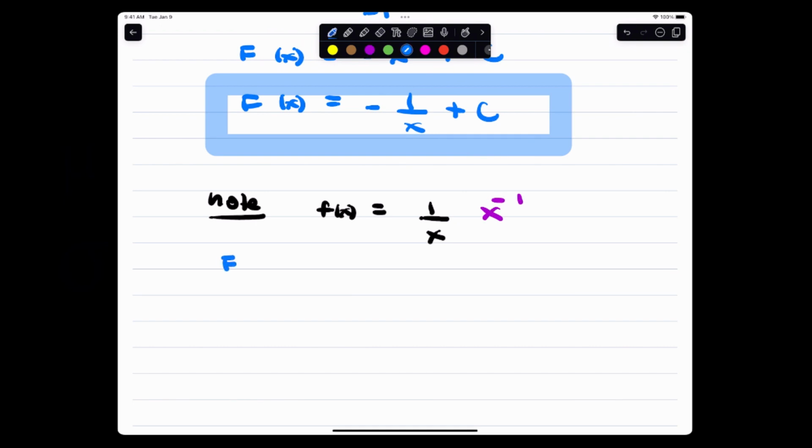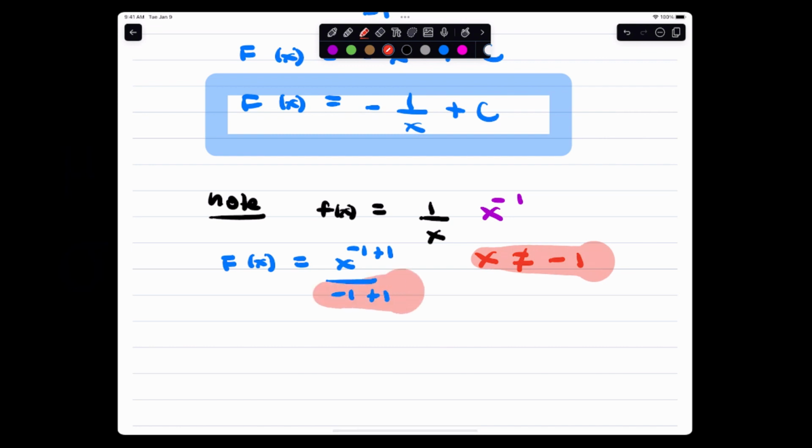And I want the antiderivative now, okay? What's the problem? It can't be negative 1. This is why they said, hey, do not let n be negative 1. The reason you can't do that is because you can't divide by 0. You're trying to divide by 0, ladies and gentlemen, and it cannot be done. So just kind of share that with you guys.